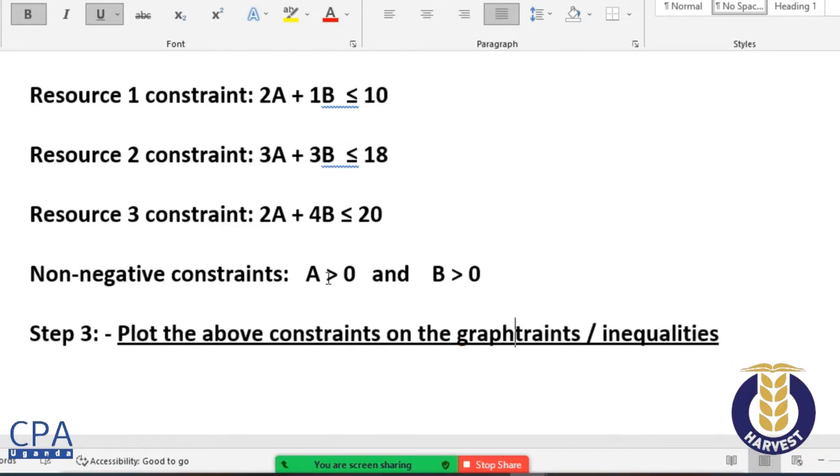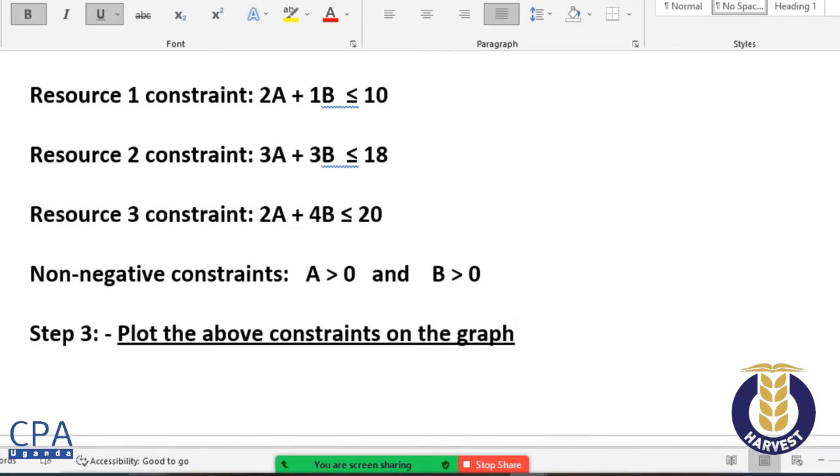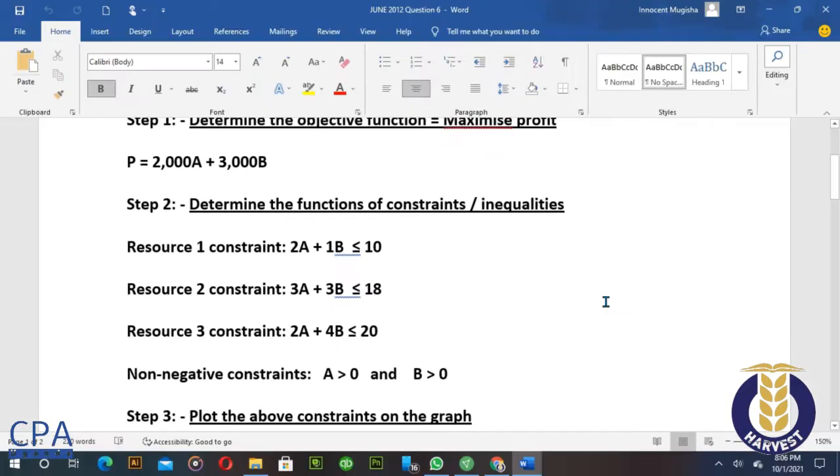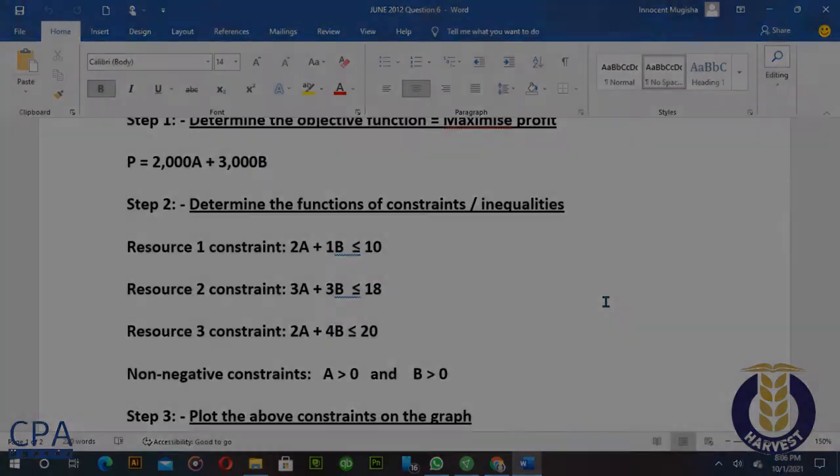So the constraints in step number 3 are plotted on the graph. But before you do that, you need to have a sketch. So I'm going to share the graph for this particular question from one of my students, so I want you to go to the next video that discusses the plotting of the resources 1, 2, 3.